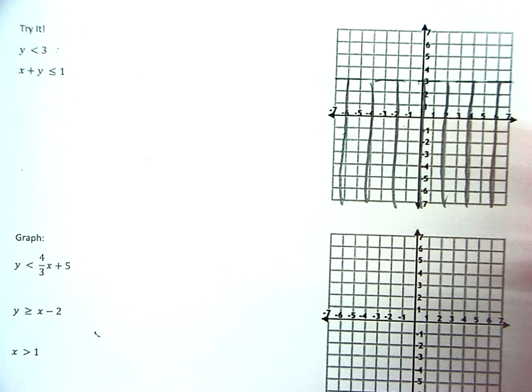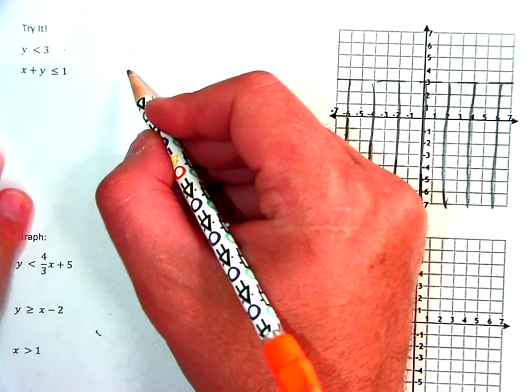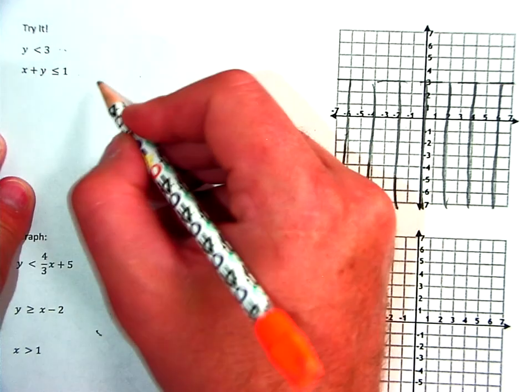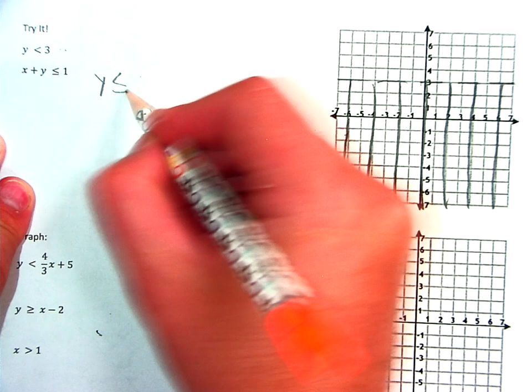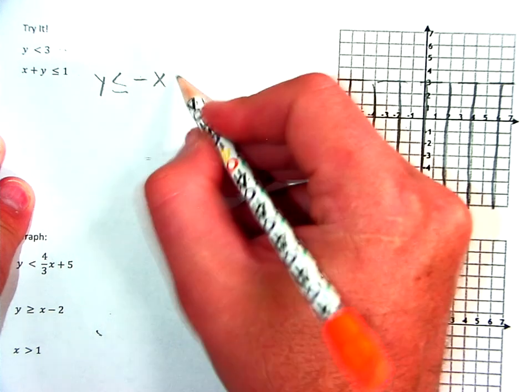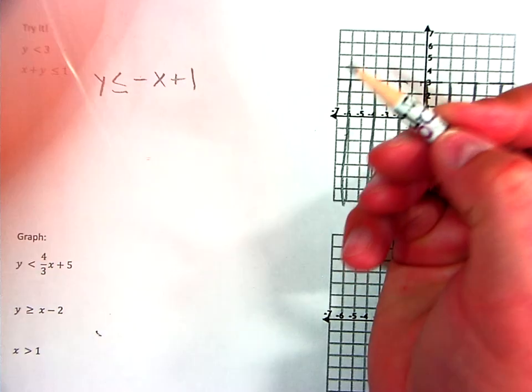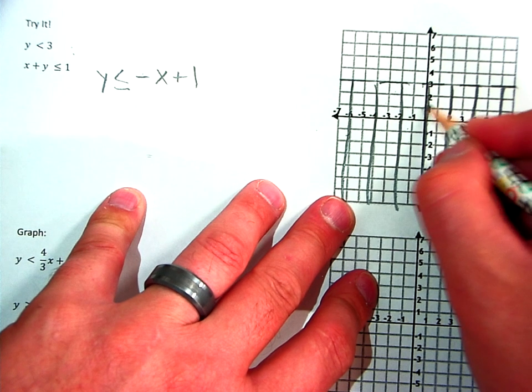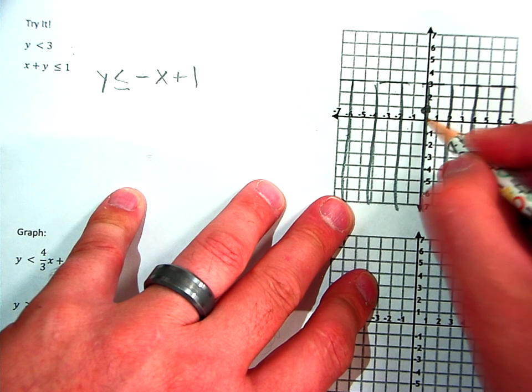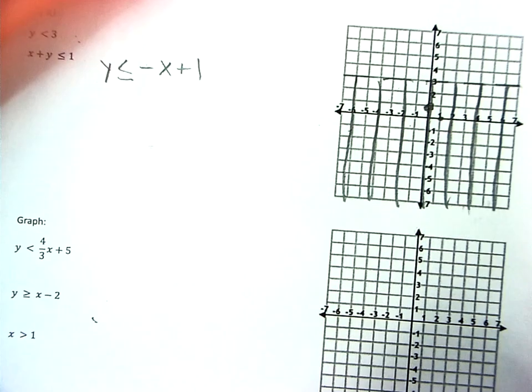All right, next, this is not in slope-intercept form, so how do I get rid of a positive x? So y is less than or equal to negative x plus 1. So I'm going to go up 1, put a point. Now I'm going to go down 1 to the right, and this is going to be a solid line, correct?